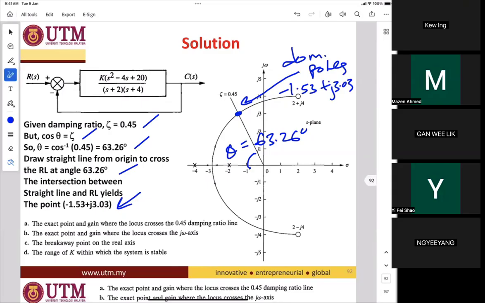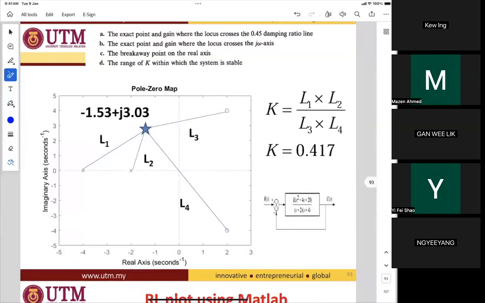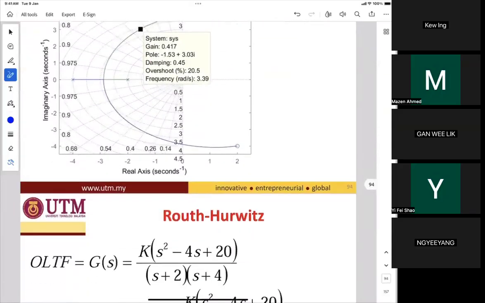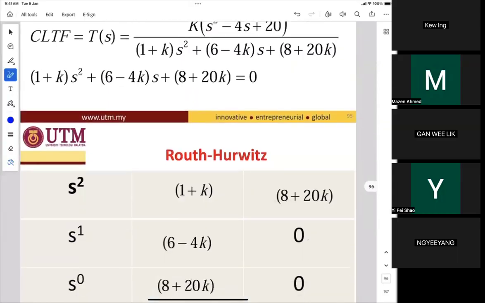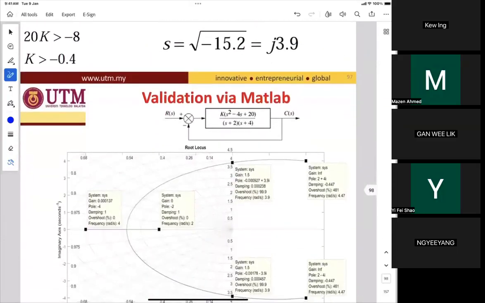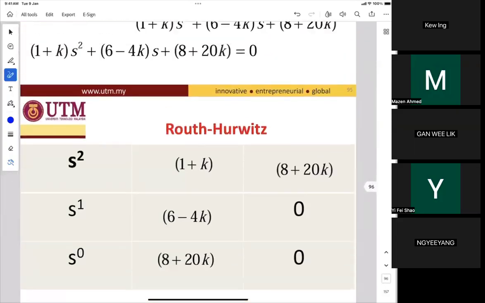And this is the breakaway point. So the breakaway point is minus 2.85.